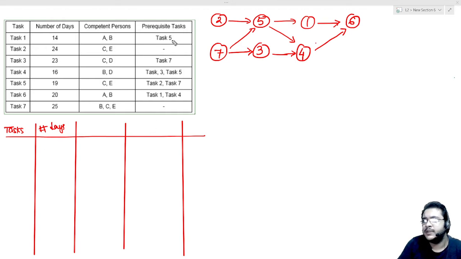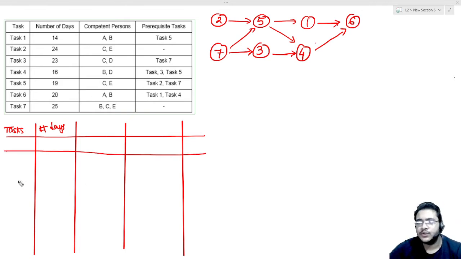I will not use the prerequisite data, so task number. Okay, just give me 1 second. Let me draw the table and then come back.